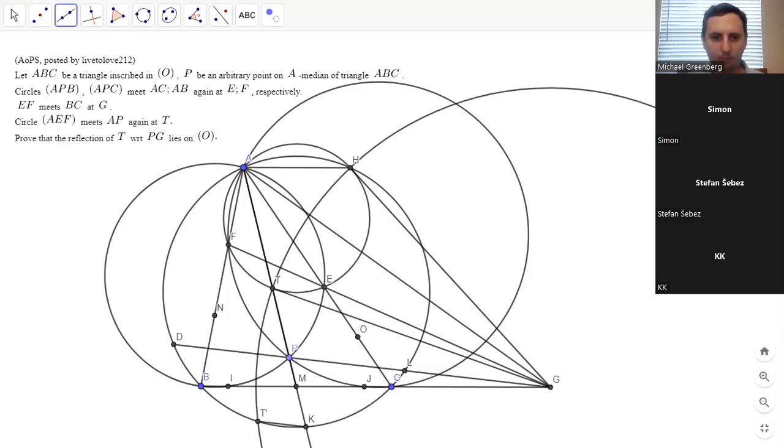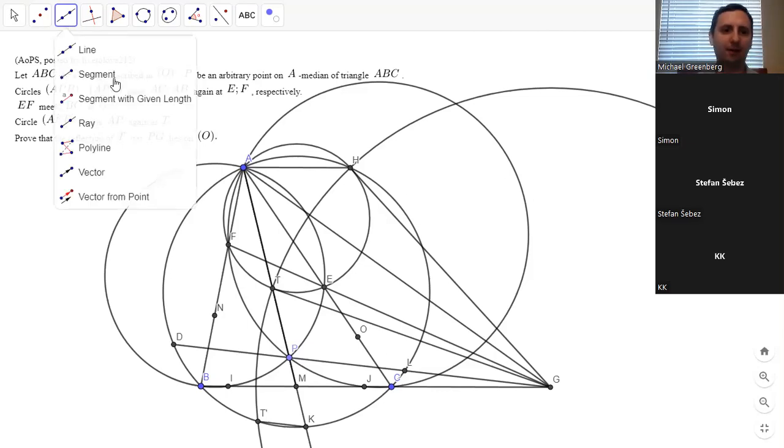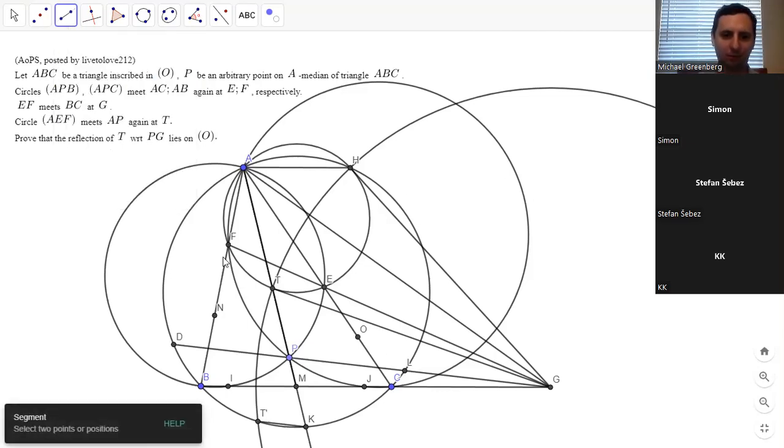PBF and PCE are similar. We can probably use that. Okay, that seems useful.